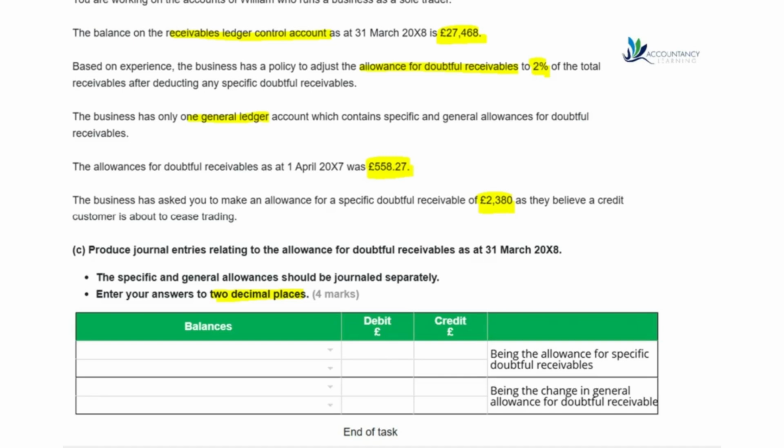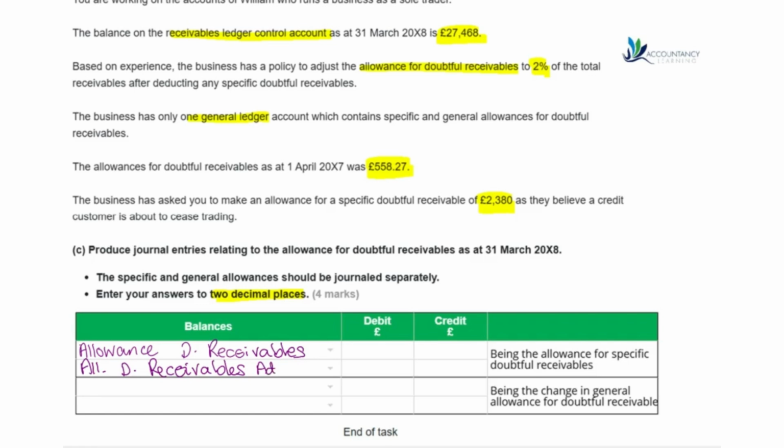So let's deal first of all with our specific one. So we are going to have an allowance for doubtful receivables account, and we'll also have an allowance for doubtful receivables adjustment account.